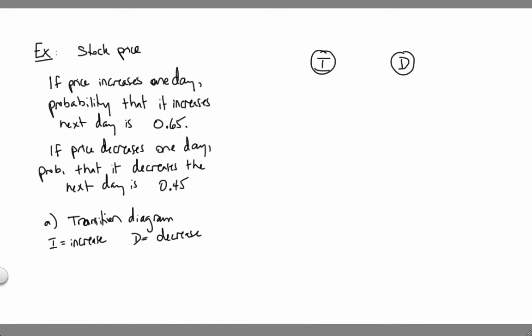So if the price increases one day, the probability that it increases the next day is 0.65. And because the arrows leaving each state have to add up to 1, we know without too much thinking that that's going to have to be 0.35. If there's a 65% probability that it increases, that means a 35% probability that it decreases. Now, completely separate information is what happens if you're looking at a stock that has decreased today.